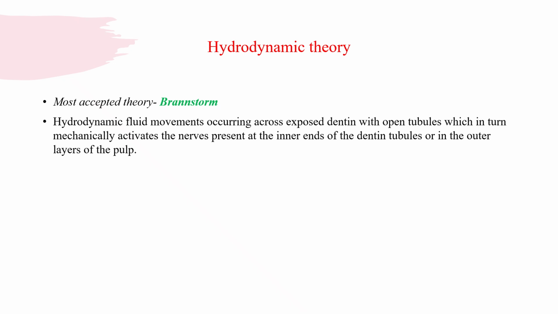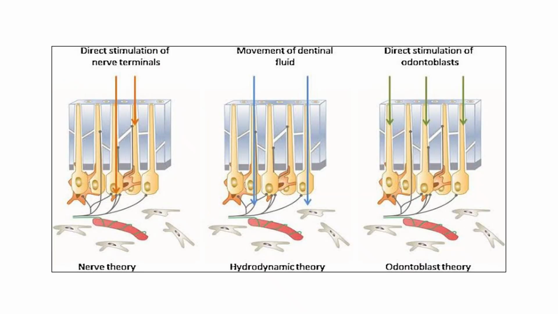In this theory, the hydrodynamic fluid movements occurring across exposed dentin with open tubules mechanically activate the nerves present at the inner ends of the dentinal tubules or in the outer layers of the pulp. Here is the diagram which represents the direct stimulation theory, hydrodynamic theory, and the odontoblast theory.